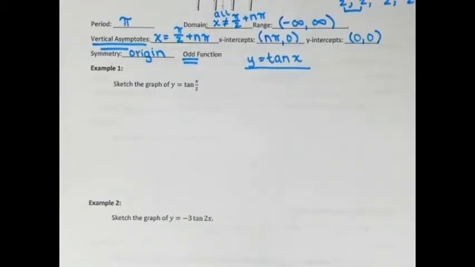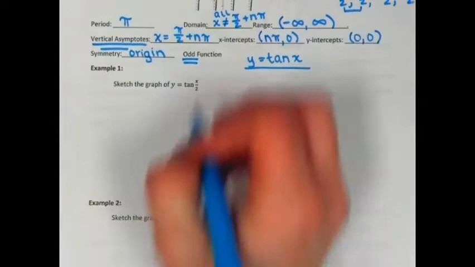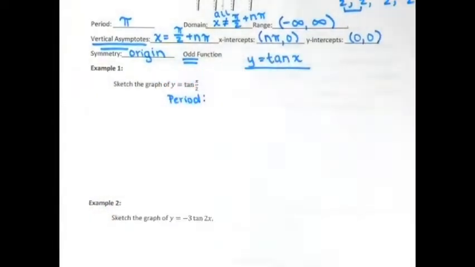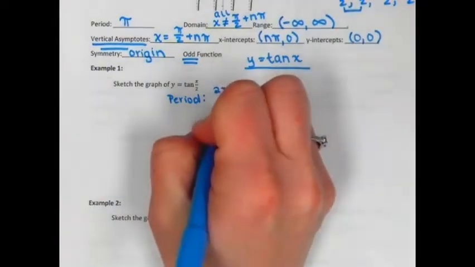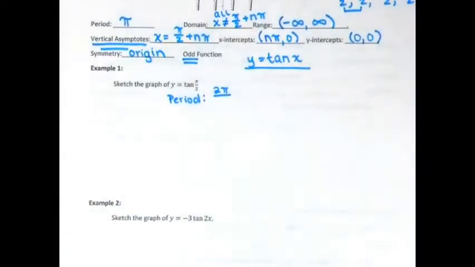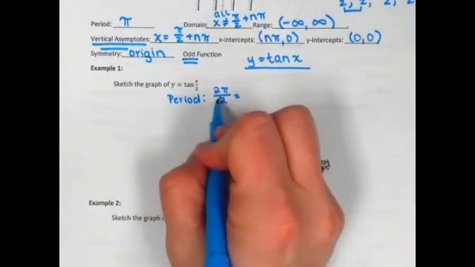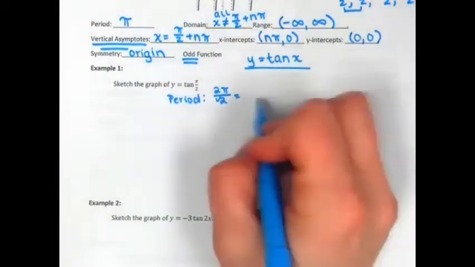Our period changes, right? So our period now is going to be 2 pi divided by what? Divided by 1/2, which is 4 pi.